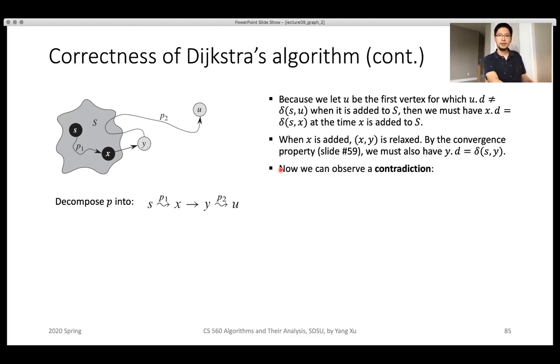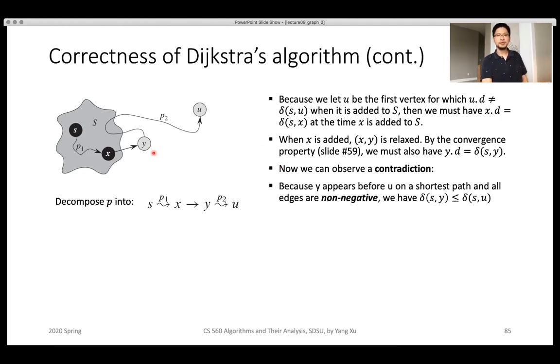Then we can observe a contradiction. Y appears before U on the shortest path, and all the edges are non-negative, so from Y to U there must be some non-negative edges. Then the delta between S and Y must be smaller than or equal to the delta between S and U. The path between S and U must be longer than the path between S and Y, because all the edge weights are non-negative.